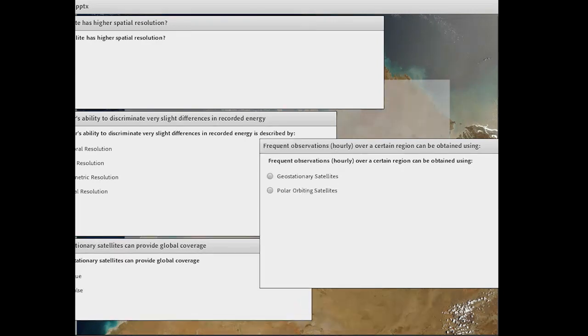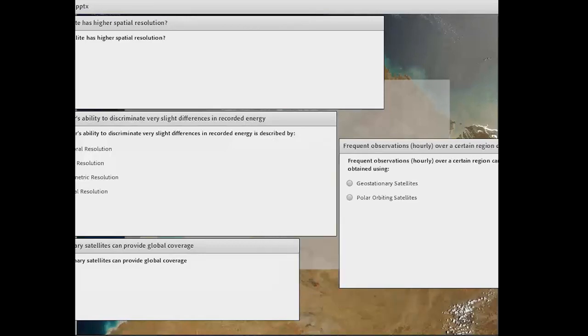And the last question is basically true or false: a geostationary satellite can provide global coverage. These two questions are interrelated actually. So let's take a minute to answer these, and then I have a few more slides to go over, just some informative slides, and then we'll take question and answer.